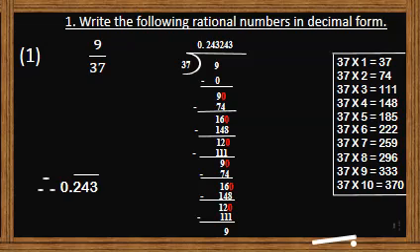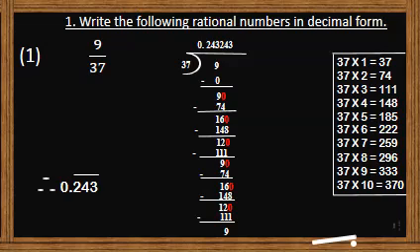Here is the most important step, or indication, that the question will repeat. When our remainder and our dividend become the same, we get the indication that our quotient will remain the same and it will go on repeating.